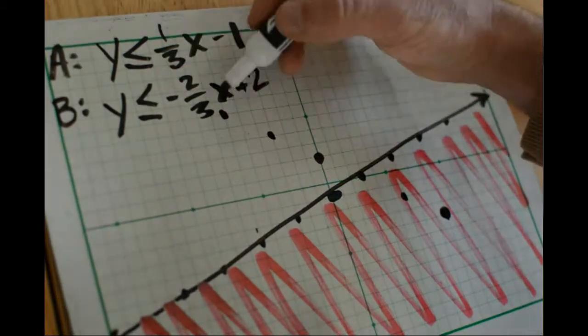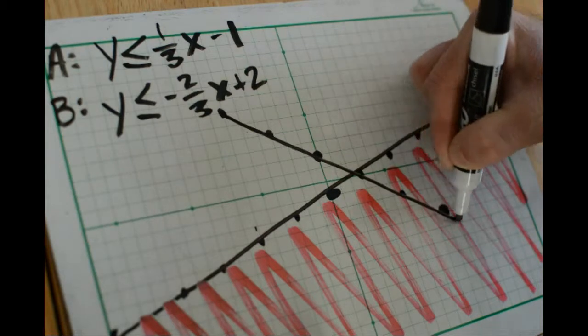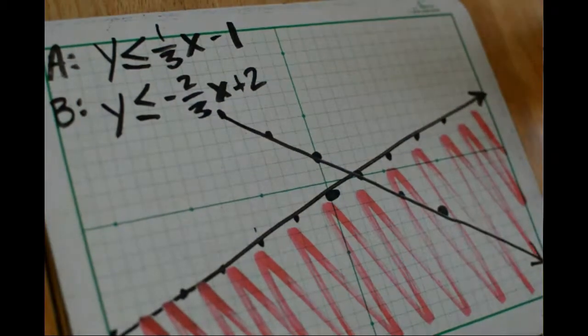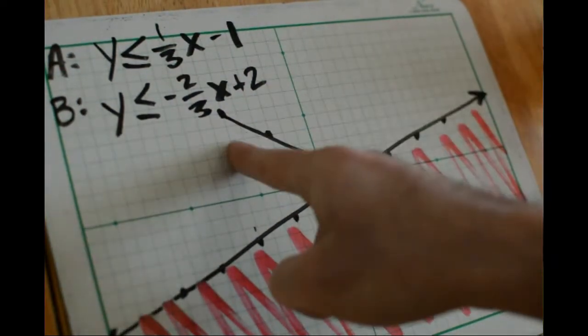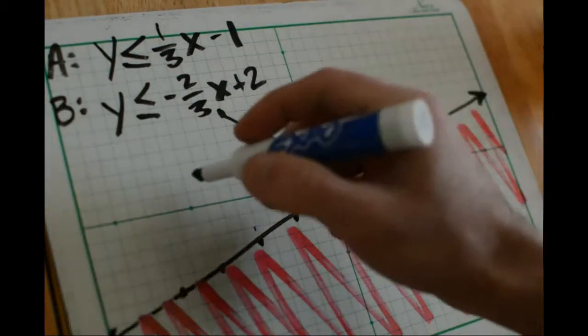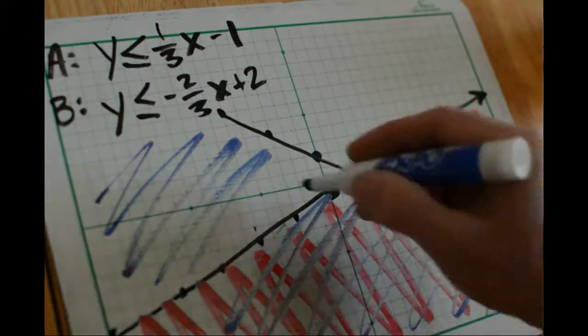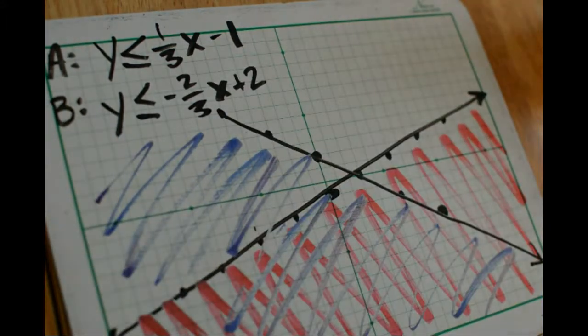And because it's less than or equal to, that will also be a solid line. In relation to this line, y is less than or equal to, so we'll shade everything underneath it, just ignoring the other one for now.